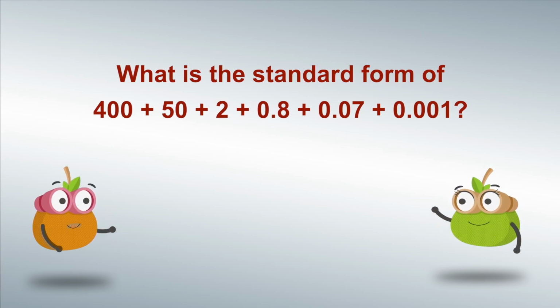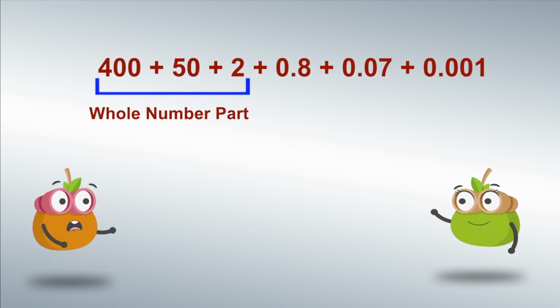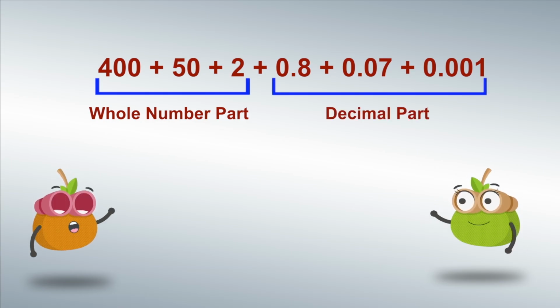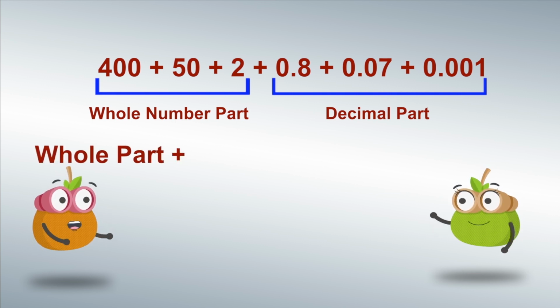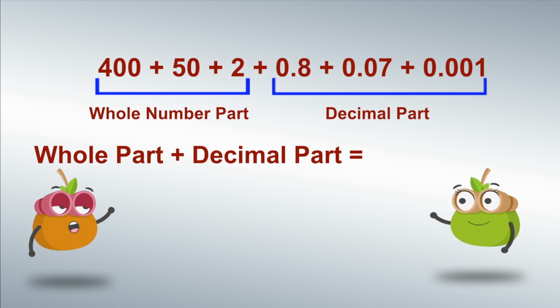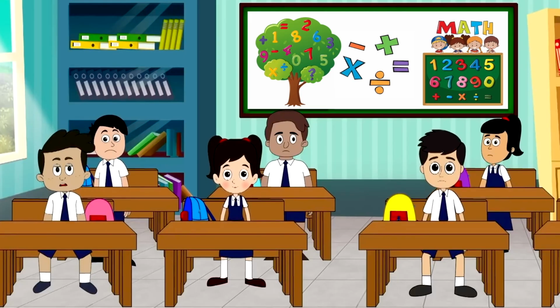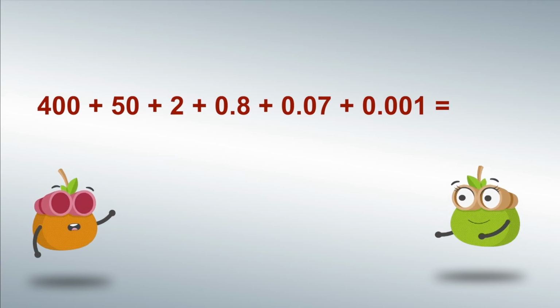We know that in standard form, we write numbers with the largest place value on the left and the smallest place value on the right of the number. The whole number part is the largest and the decimal part is the smallest. So we can write it as whole part plus decimal part equals standard form.